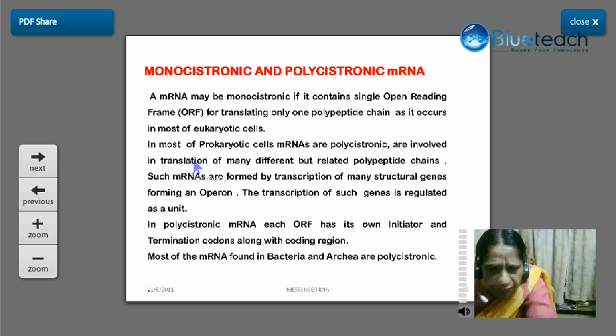If it codes for only one polypeptide chain, it is monocistronic, as in eukaryotes. In prokaryotes, generally they are polycistronic, coding for more than one polypeptide chain, but related and transcribed by structural genes clustered in a group known as an operon and are regulated as a unit.